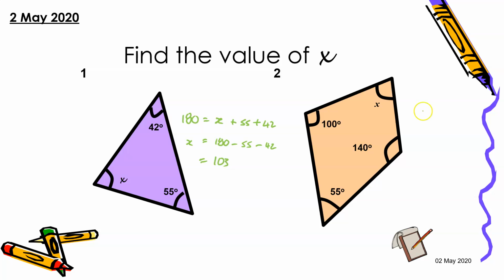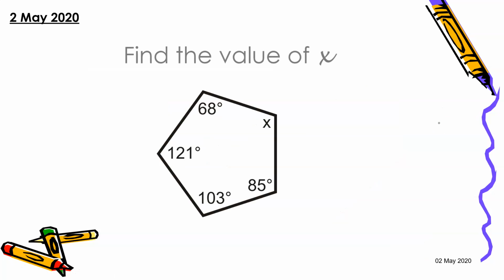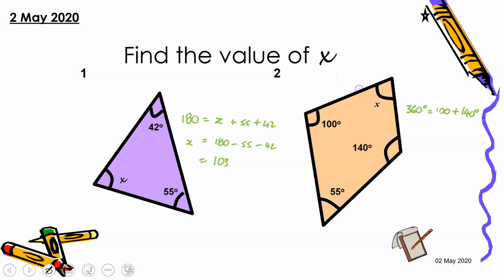Likewise with the quadrilateral here, 360 is equal to 100 plus 140 plus x plus 55.